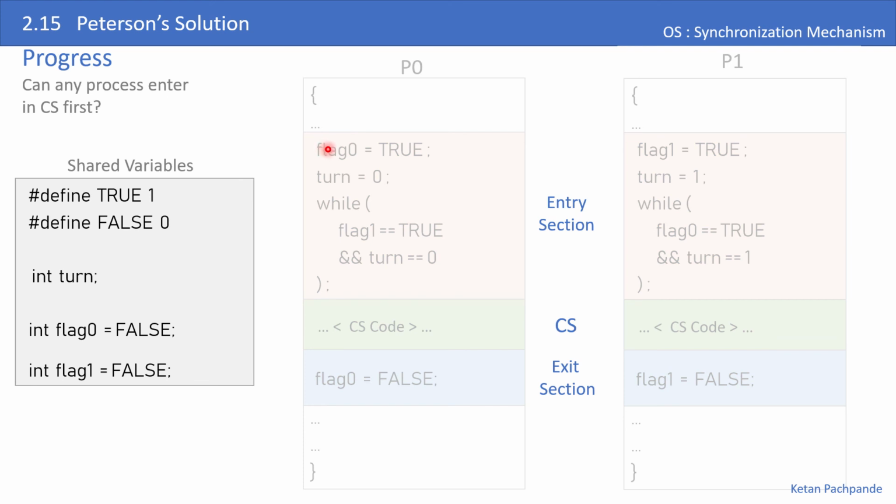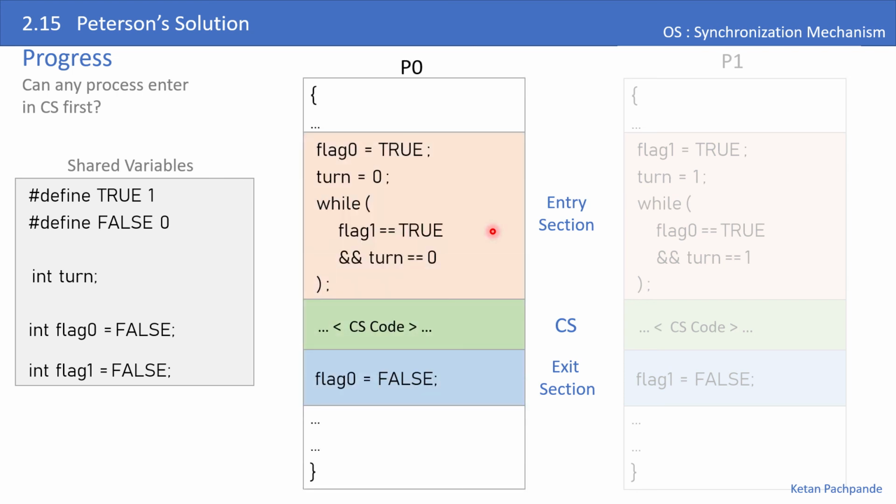As of now, let's assume that both the processes have not started their execution, means both processes have not arrived. Let's assume that the process P0 arrives now and asks, can I enter into the critical section? Let's start the execution of P0 only. Assume that P1 has not arrived yet.